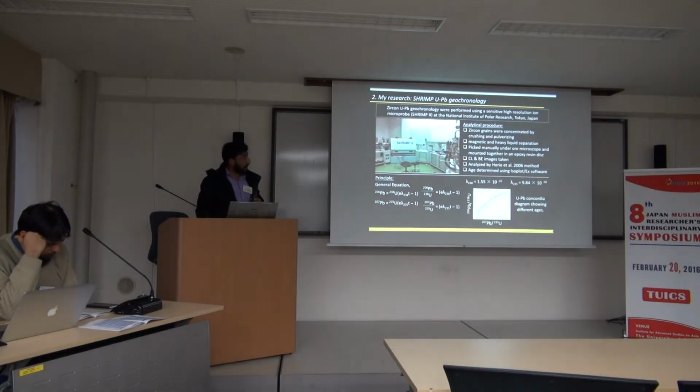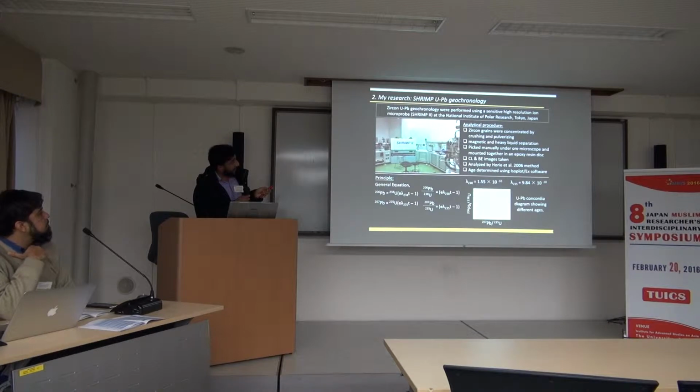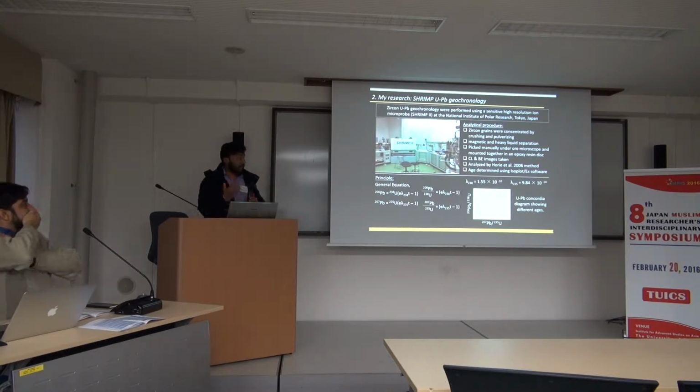And after that, what I did is I analyzed the age of rocks based on SHRIMP uranium-lead geochronology. Here, what we do is we determine the concentration of uranium and lead, and based on radioactive decay, we try to understand the age of the rock.